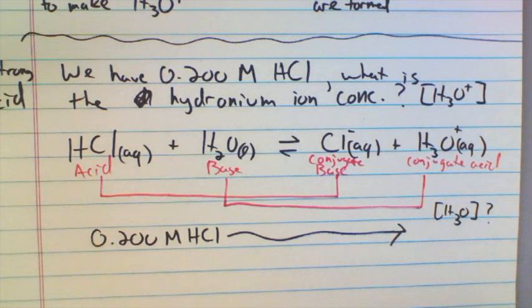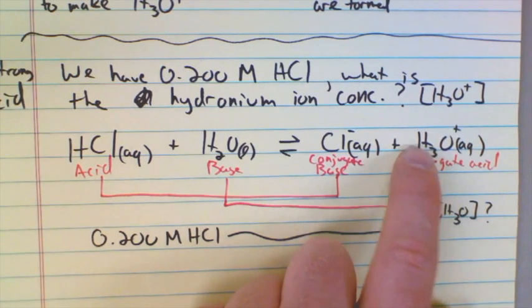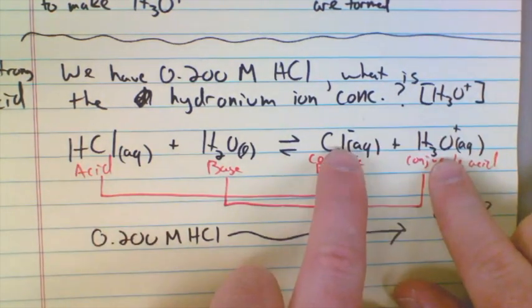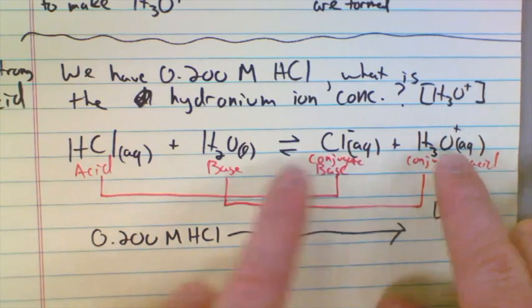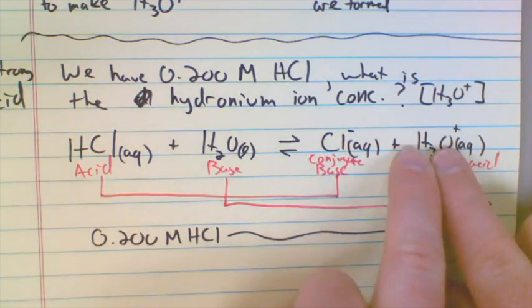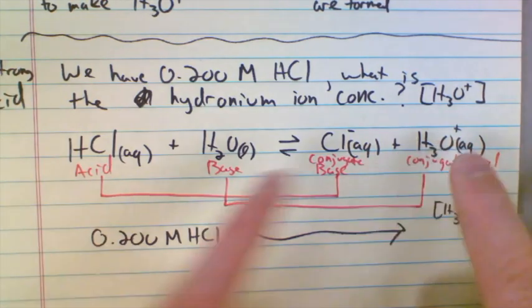It is the same. That's right. The concentration of HCl, after it reaches equilibrium, after this reaction stops, is now the concentration of hydronium. Why? 100% of this turns into these guys. For every 1 mole of HCl, we get 1 mole of H3O. Does that make sense? It's like the coefficients.